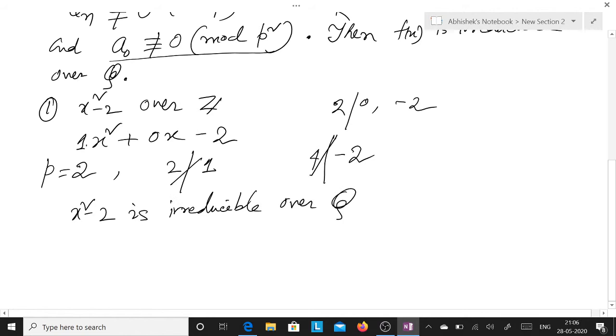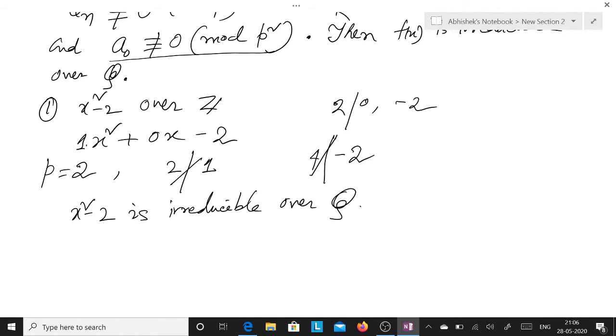What I would like to stress is that you need to choose a suitable prime, keeping in mind the coefficients of the polynomial. So look at the coefficients of the polynomial first, then decide which prime will work for this polynomial.